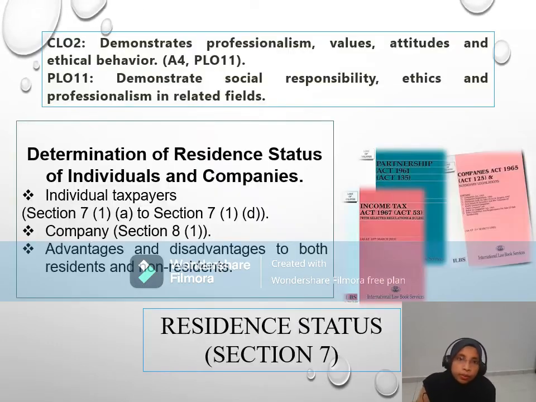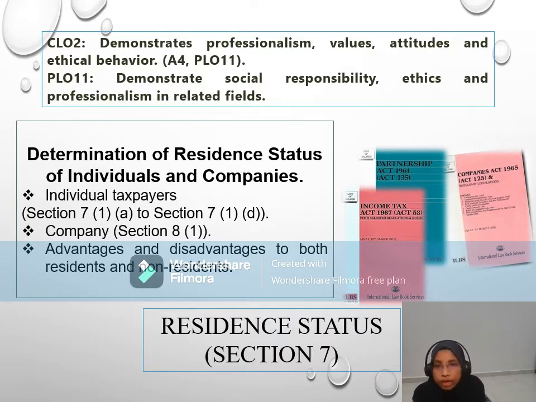For chapter 2, the course learning outcome that relates to this chapter is course learning outcome number 2, which is demonstrates professionalism, values, attitude, and ethical behavior, and program learning outcome 11, that demonstrates social responsibility, ethics, and professionalism in related fields.